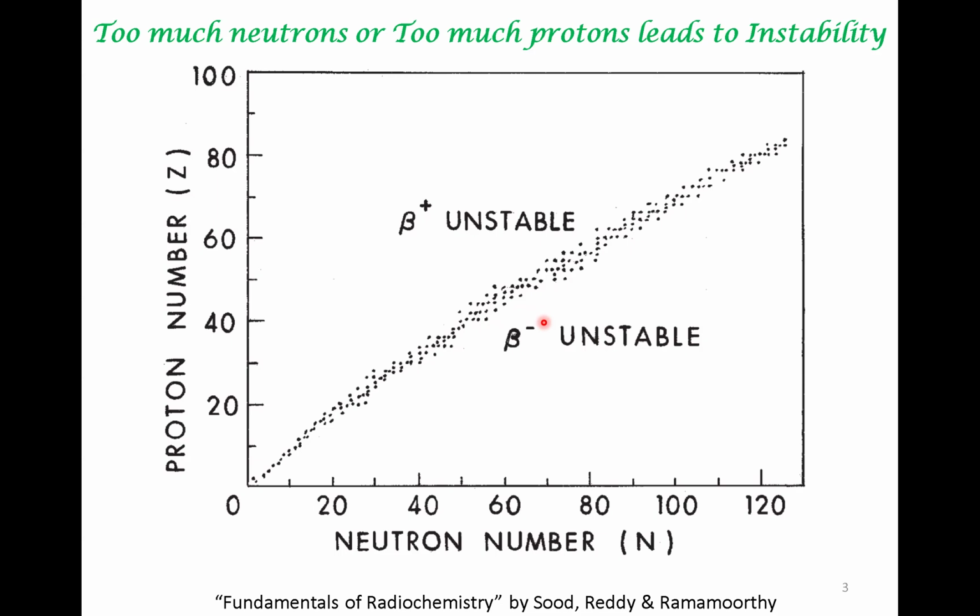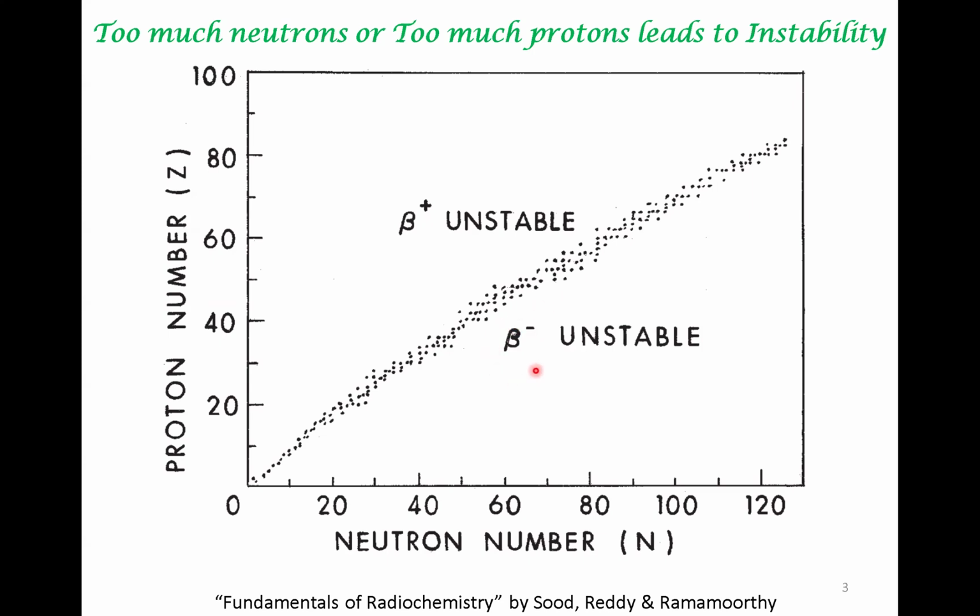So if you have a lot of neutrons in the nucleus, one way to decrease the energy of the nucleus is when the neutron converts to a proton and ejects an electron. So that is called beta emission. So beta minus is a symbol for emission of an electron, so beta decay.